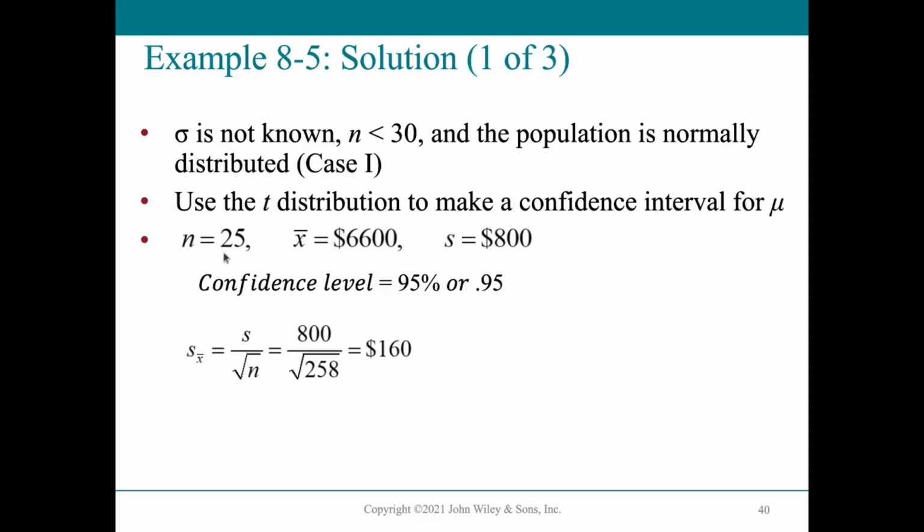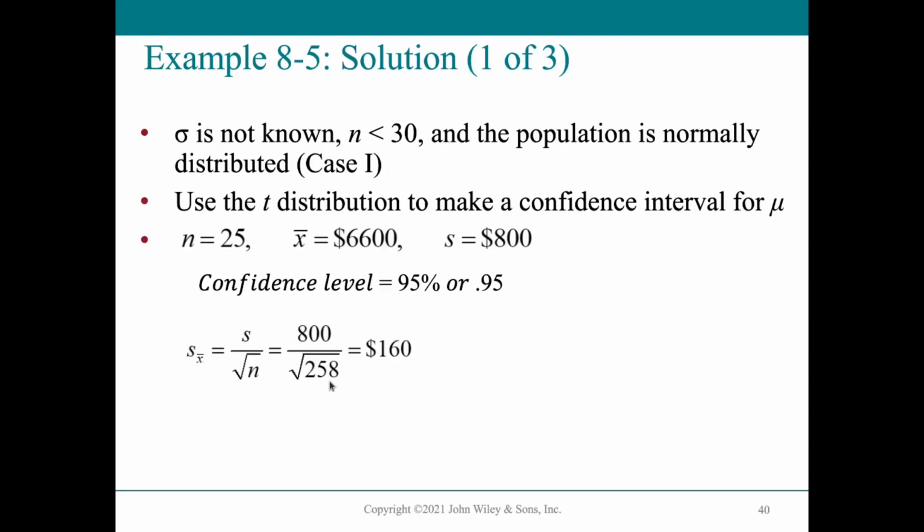So how do we actually calculate the confidence interval? Using the T distribution, our confidence level is 95%. Let's first get the normalized standard deviation, because again, our error is T times S sub x bar, the normalized sample standard deviation.